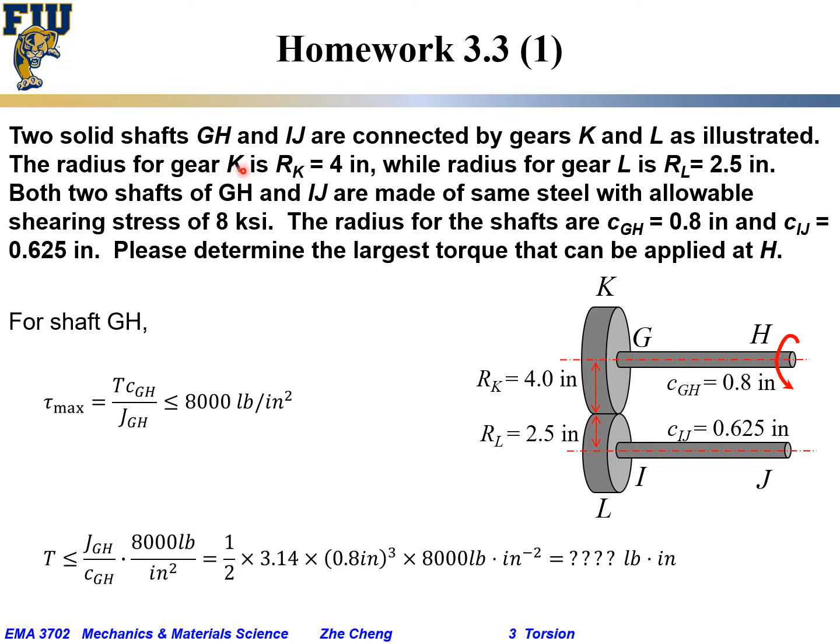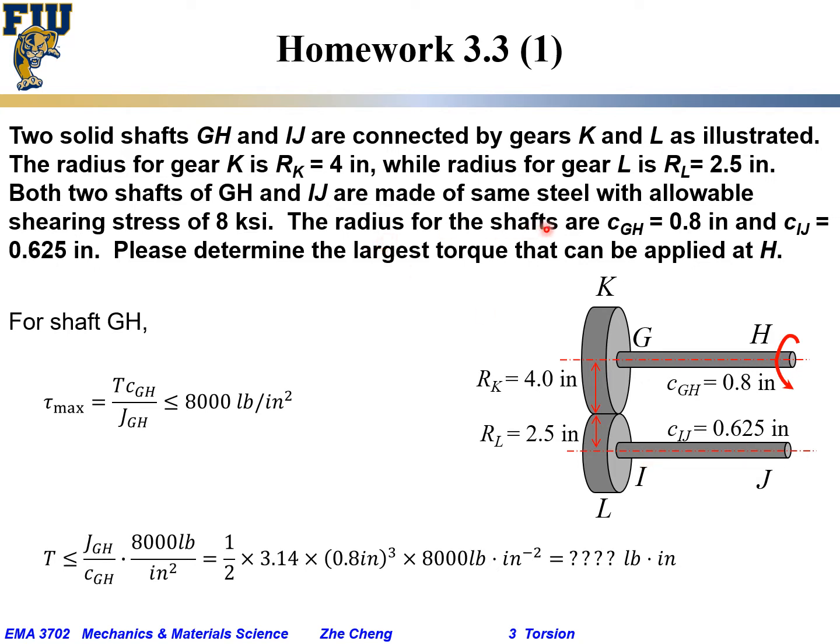The radius for gear K is 4 inch. Radius for gear L is 2.5 inch, and both shafts GH and IJ are made of the same material, steel, with allowable shearing stress of 8 KSI, 8,000 PSI, for both GH and IJ shafts.